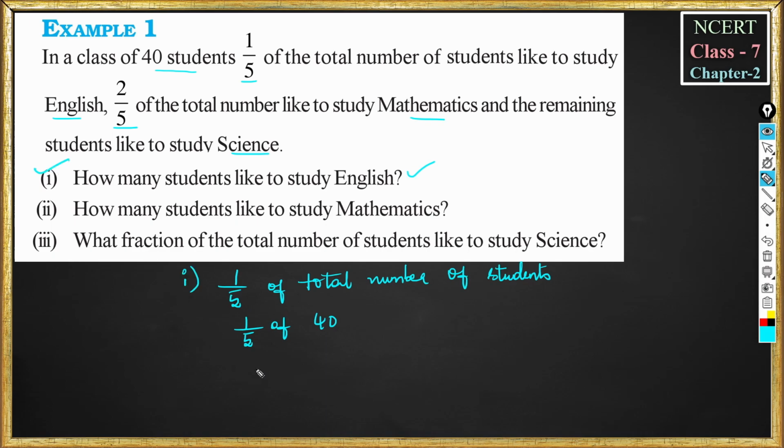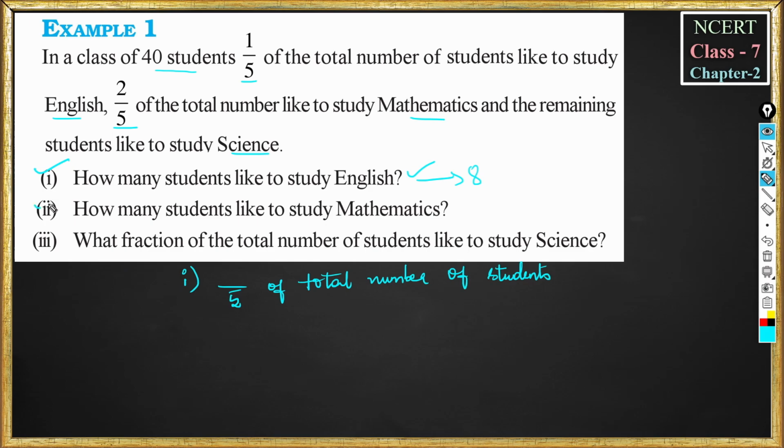So 1/5 of 40 is what? 1/5 multiplied by 40. This is 1 into 40 by 5. So this becomes 40 by 5. So 40 by 5 is what? 5 eights are 40. Answer is 8. So the number of students who like to study English is 8.